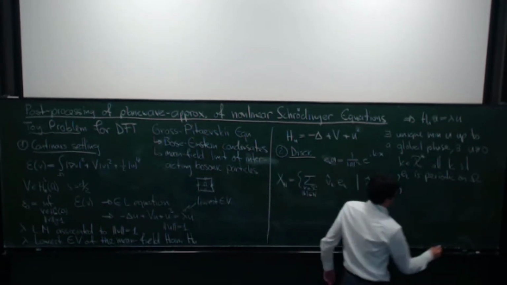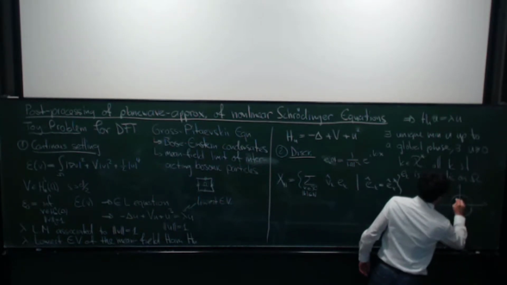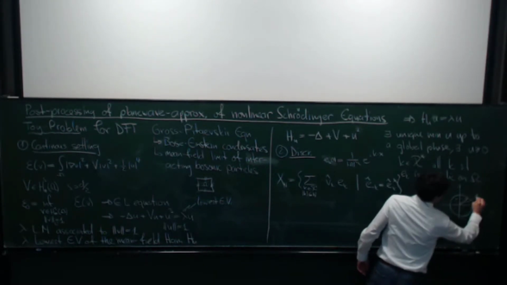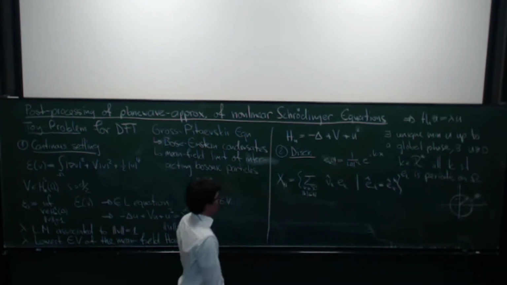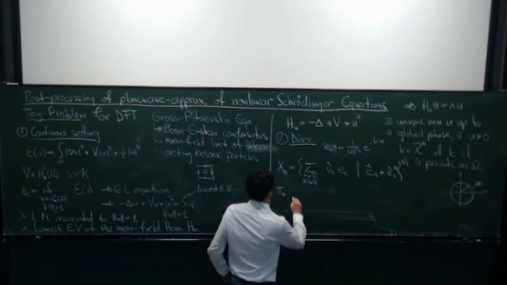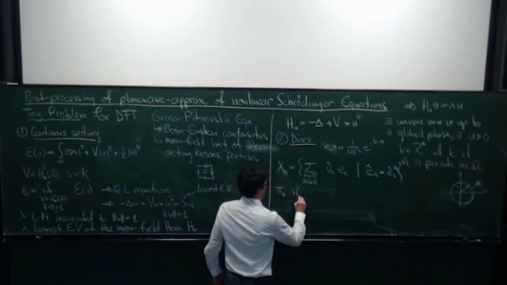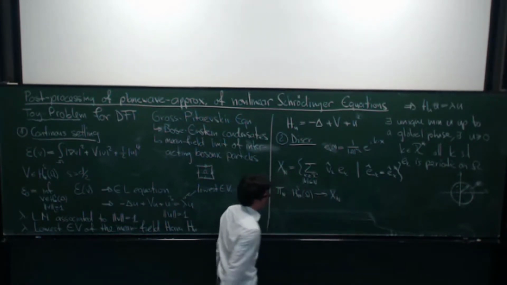Okay, this is your approximation space. If you look in reciprocal space, you have some regular lattice here, and you take all the wave functions that belong in this ball of radius n. A very important notion is the orthogonal projector for any H^s onto the approximation space.